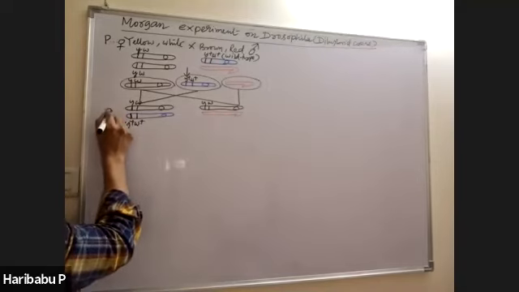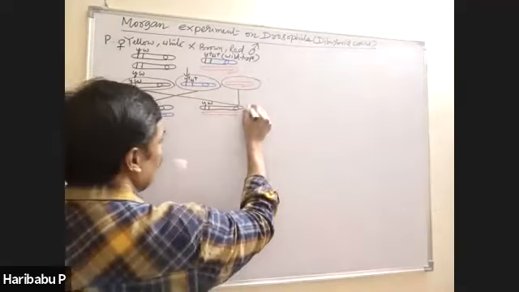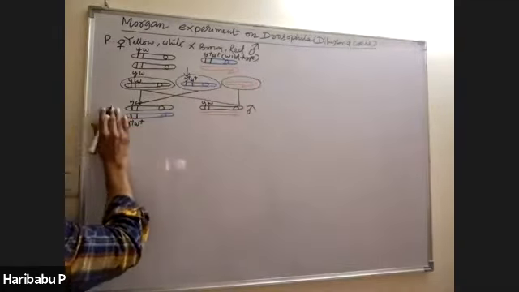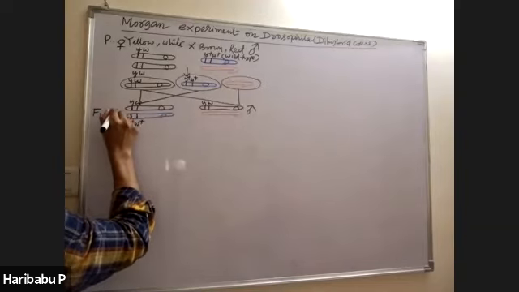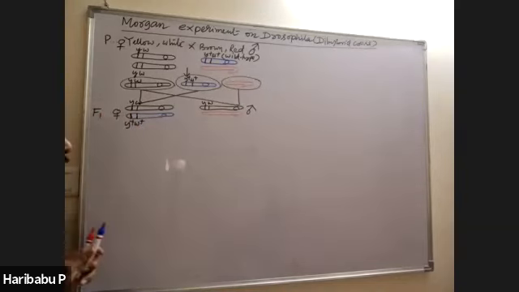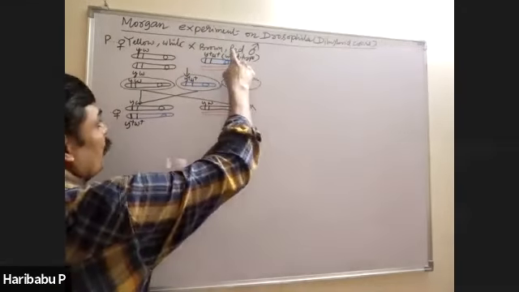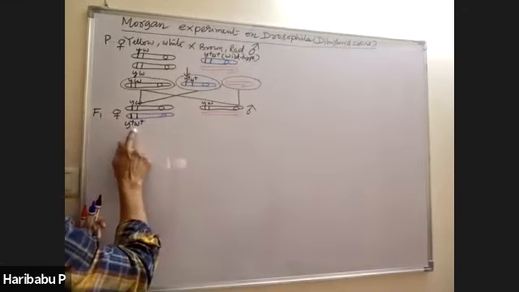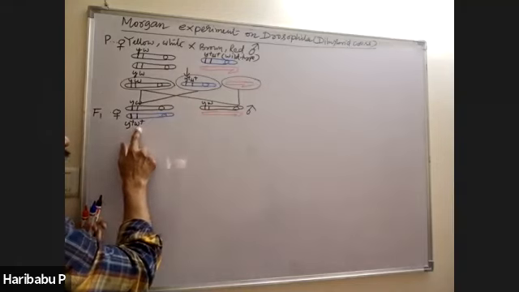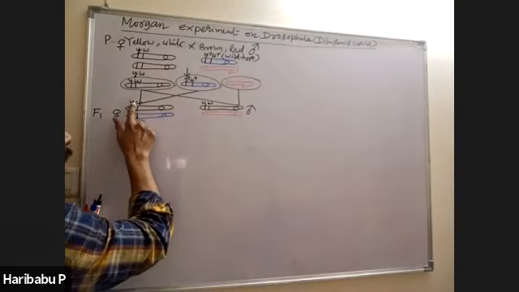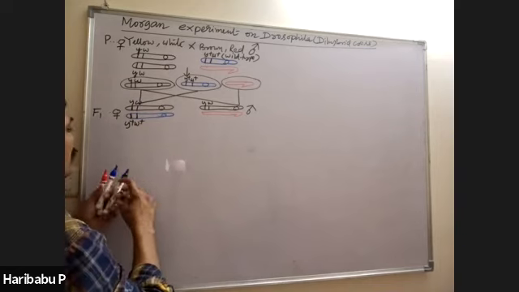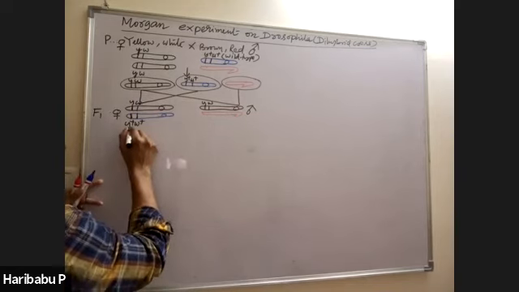This is female and this is male, and these are F1. These are F1. See that F1? Brown red female, because here these are the dominant. When these two genes are present, these are suppressed, right? Therefore, its phenotype is brown red.